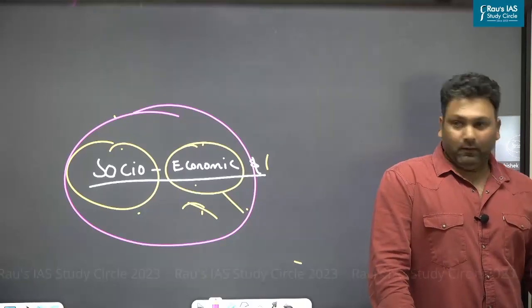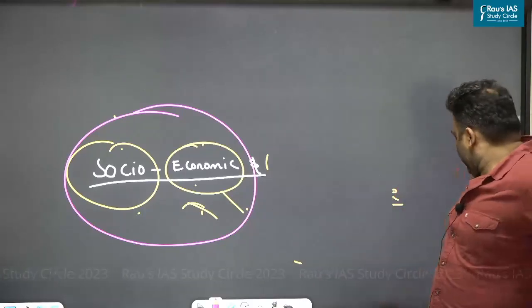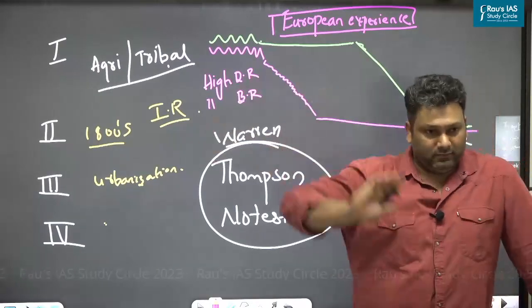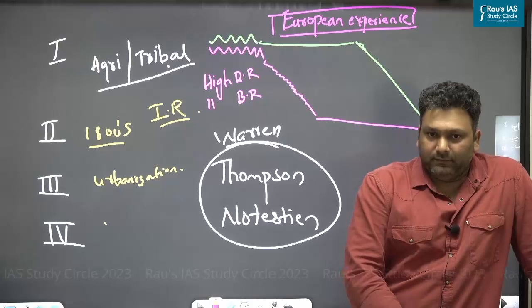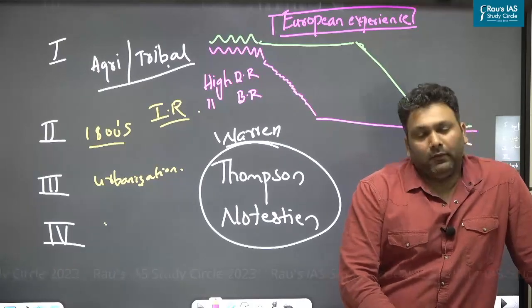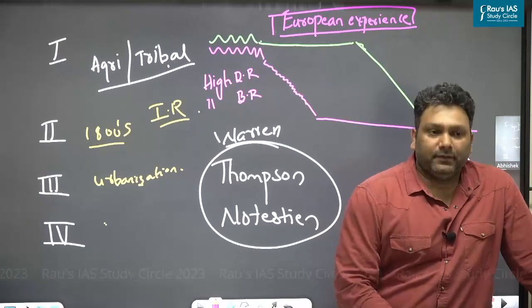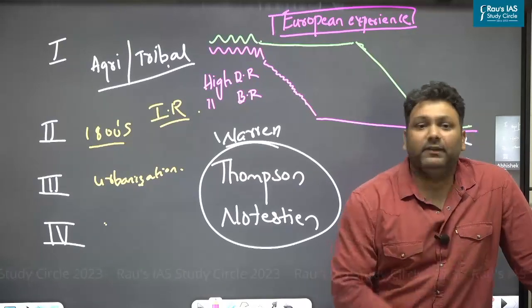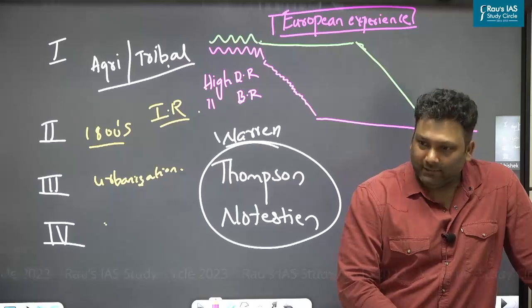Now, after the Industrial Revolution, let's go back to this year now. After the Industrial Revolution, the money has increased. So when the economic development happens, the girl child will get educated. She'll marry late.